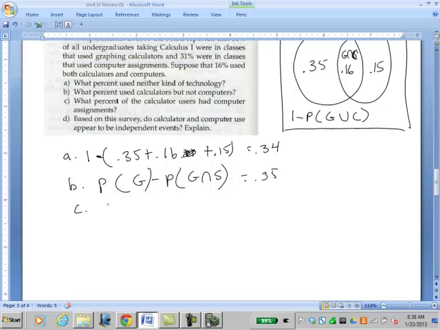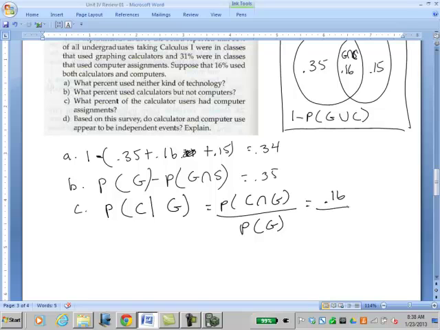This is the probability that, given that you are a graphing calculator user, you had a computer assignment. So that's the probability of C and G divided by the probability of G, which is 0.16 over 0.51.